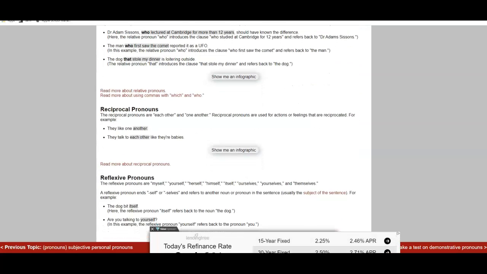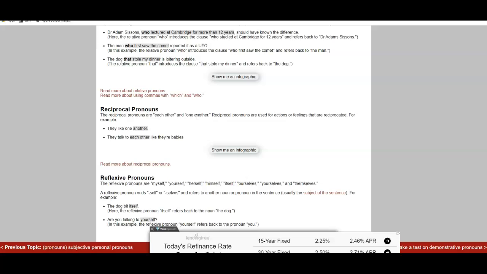Reciprocal are. Okay, so every time you see reciprocal pronouns, you're pretty much going to see each other and one another. That means that whatever feeling is spoken about in the sentence can be reciprocated by someone else. They liked each other.